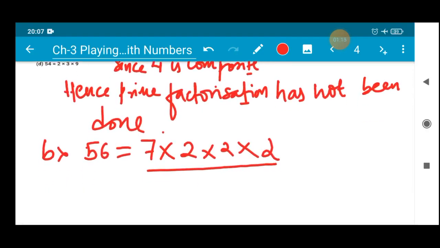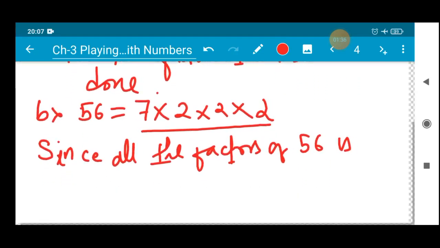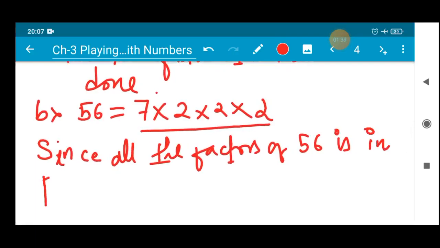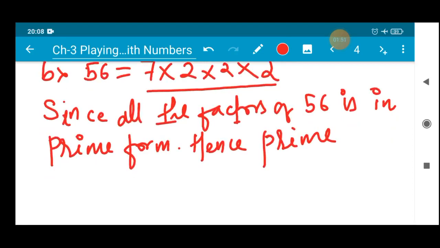So we can write, since all the factors of 56 are in prime form, hence prime factorization is done.